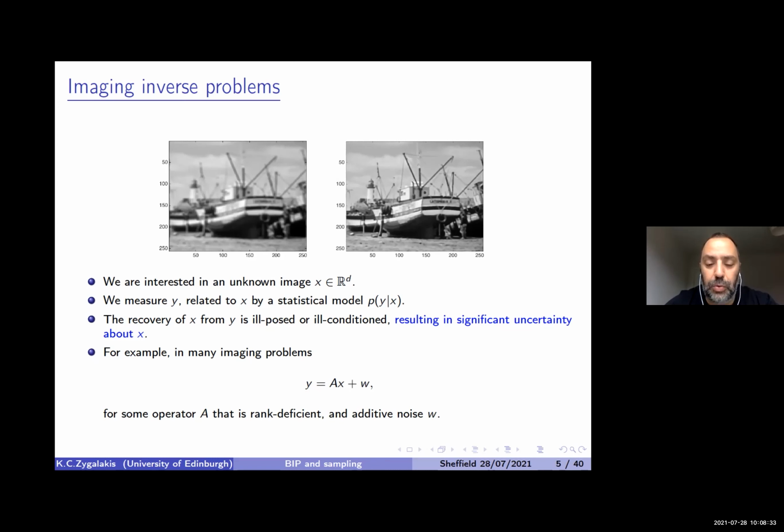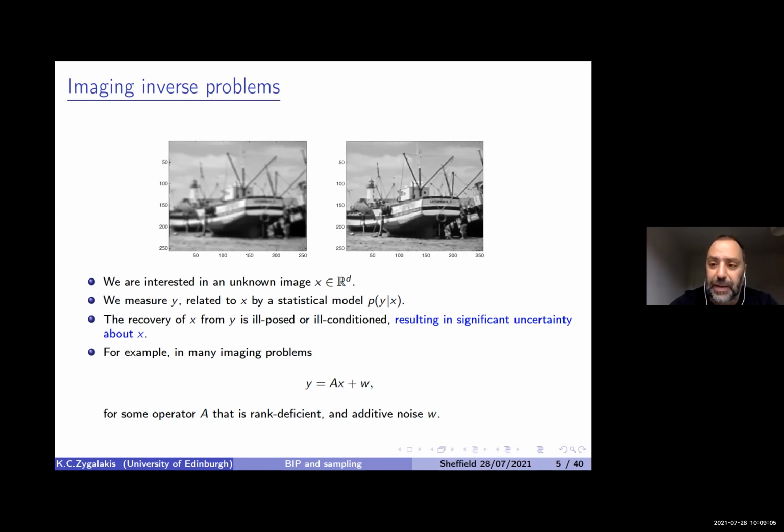Even if you don't go into the statistical framework that I will go into in just a second, there could be multiple x's that give you the same y because of the observation process. And even if that transformation is invertible, it is severely ill-conditioned. So it's not so easy to say, let's calculate the inverse of this statistical model or procedure and obtain our x.